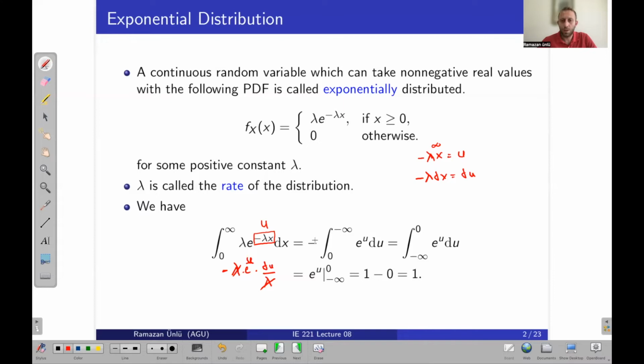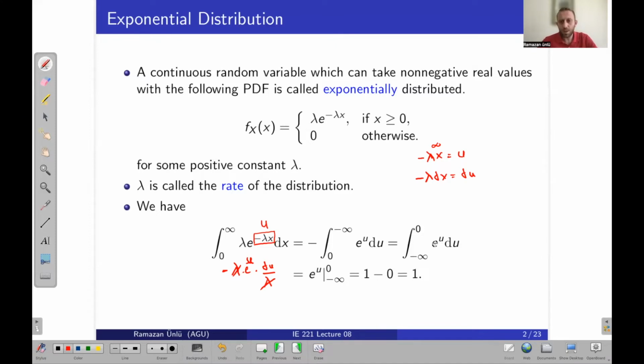So what will be the new range? This whole thing will be minus the integration of e to the u with respect to du from 0 to minus infinity. Because there is a minus sign, I can change this to go from minus infinity to 0, of e to the u with respect to du.